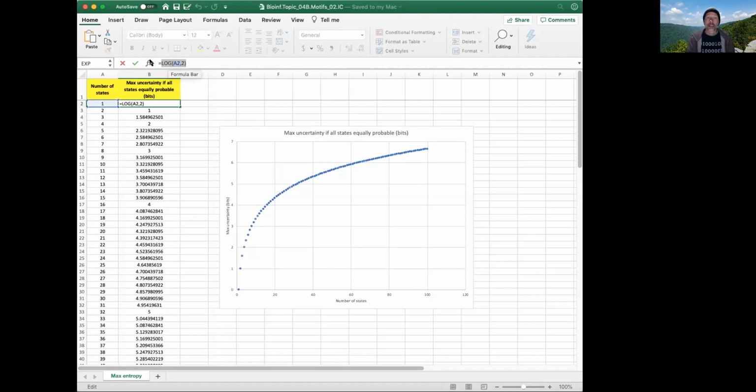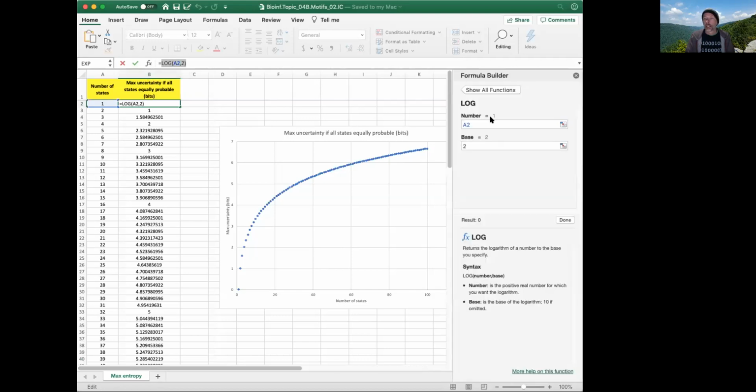Remember in Excel, if you're not quite sure what a function means, you can always click this FX button next to the bar, and it will open up the formula builder on the right side, and you can see the synopsis of each function. So this log function will return the logarithm of a number to the base you specify.